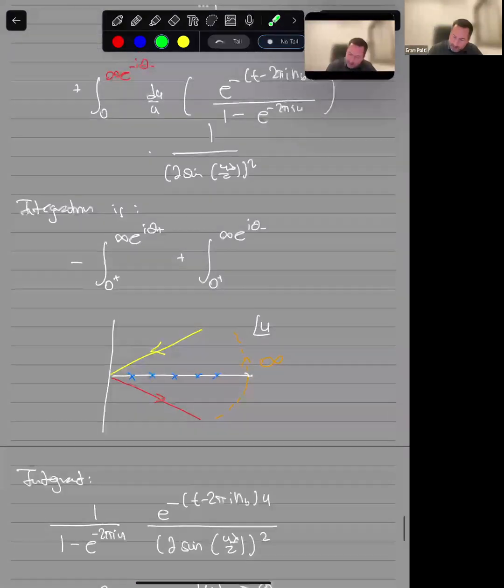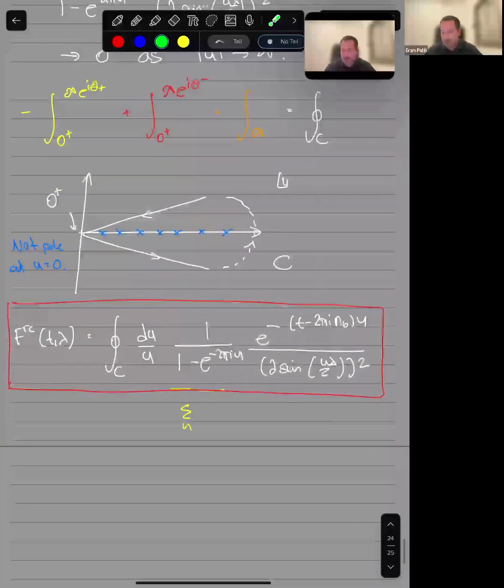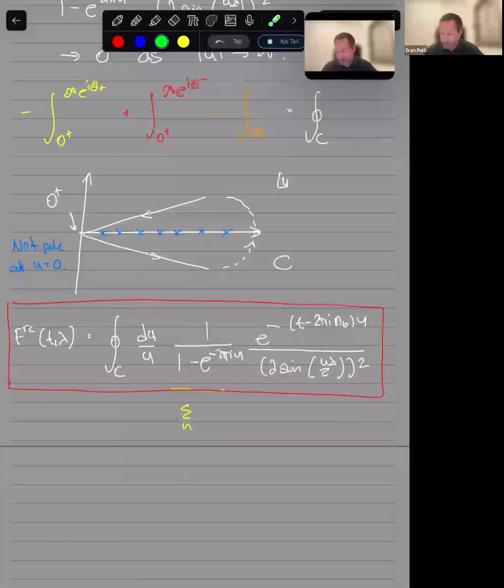Apart from that, the integrand is the same for both. And so as long as that integrand vanishes at infinity, we can write this whole thing as a contour integral, like so. That's the final expression that we have.